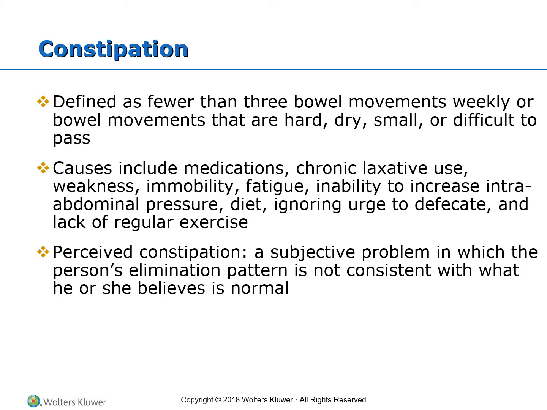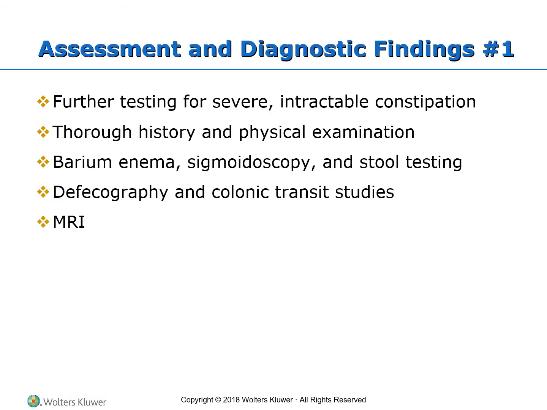Signs and symptoms to assess for with constipation: fewer than 3 bowel movements per week, abdominal distension, complaints of pain and bloating. Patients will say that they have a sensation of incomplete evacuation, straining whenever they try to have a bowel movement, and whenever they do have a bowel movement, the fecal matter is small in volume, and it's usually hard and dry.